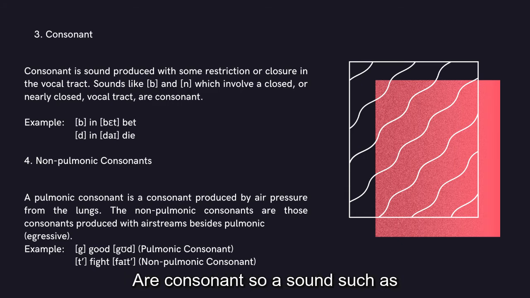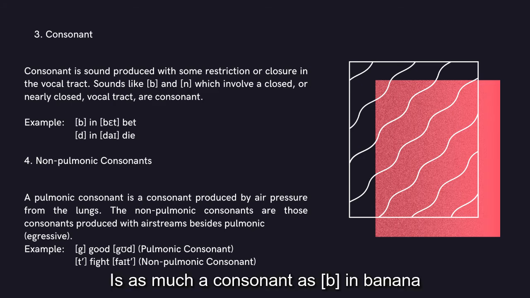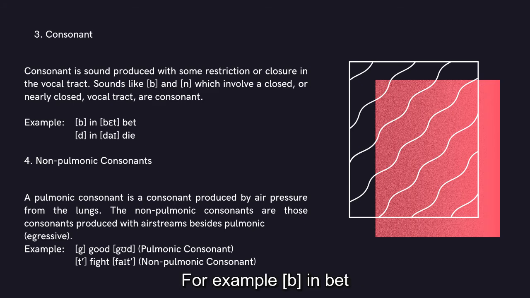So a sound such as S, in which the hissing that can be heard results from the airflow being made turbulent, is as much a consonant as B in banana. For example, B in bed, D in die.